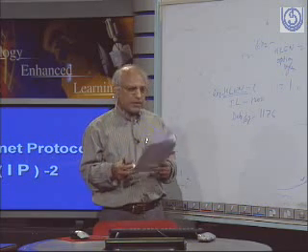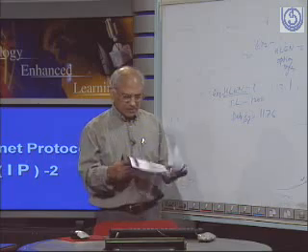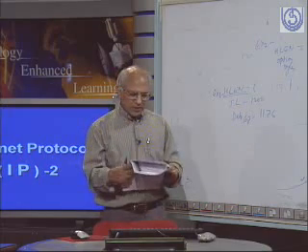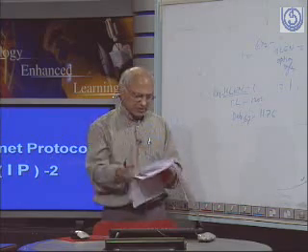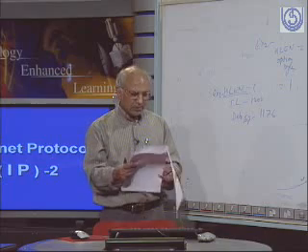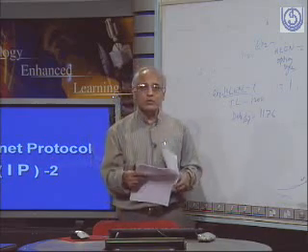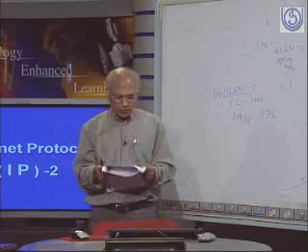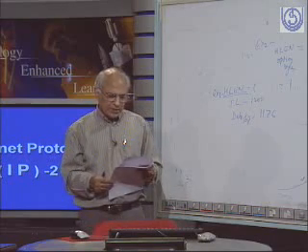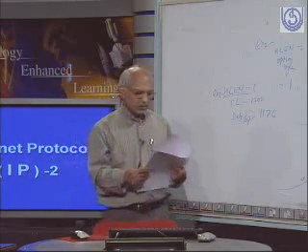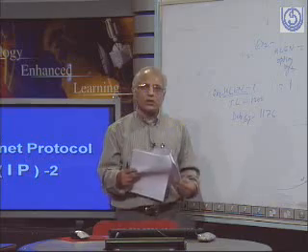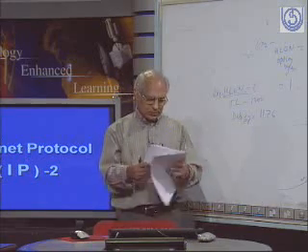Anyway, let me quickly summarize what we have discussed, the important points related to IP. IP is a connectionless protocol. It is an unreliable protocol, and to provide reliability, it ties up with the TCP protocol.